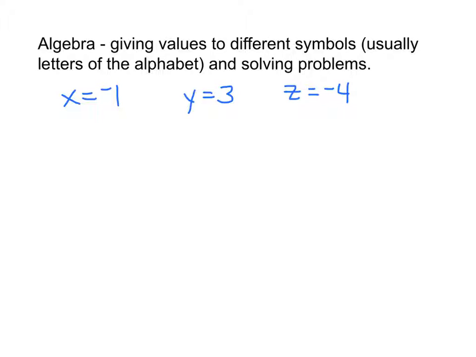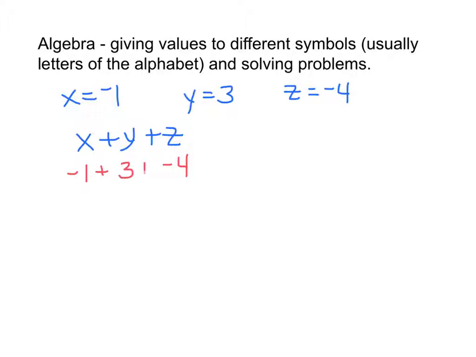If I wanted to solve an algebraic expression then, similar to x plus y plus z, all I need to do is put those values in for x, y, and z, and then go through and solve this. So if I do that, I see that x has to equal -1, y has to equal 3, and z has to equal -4.